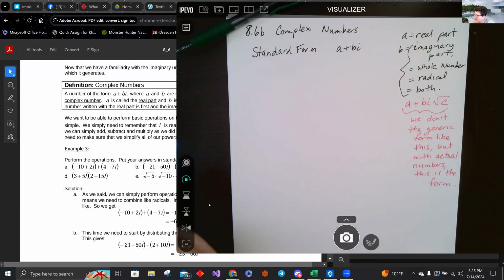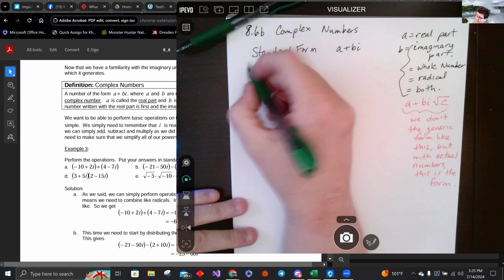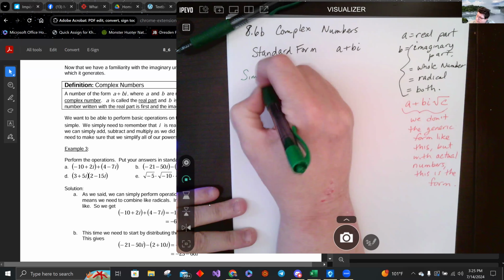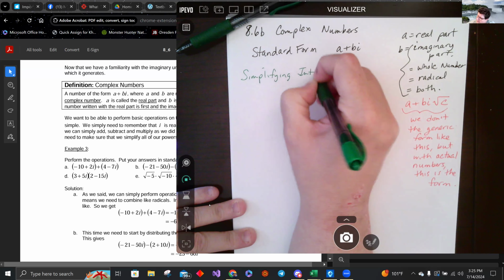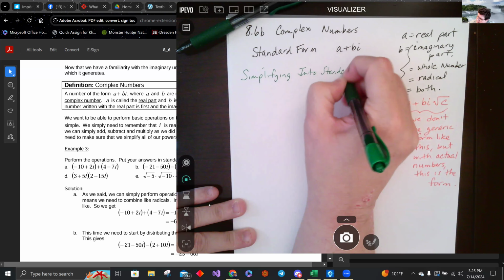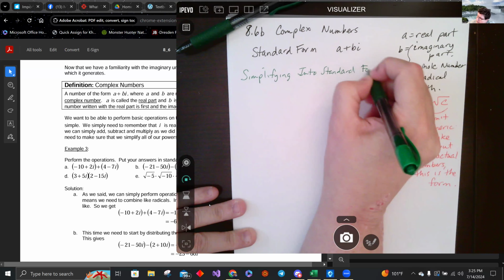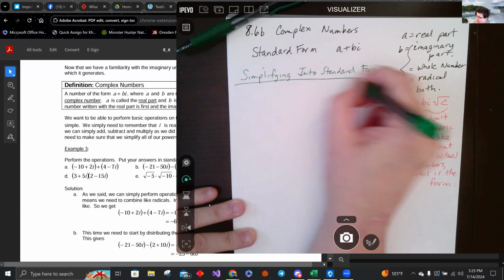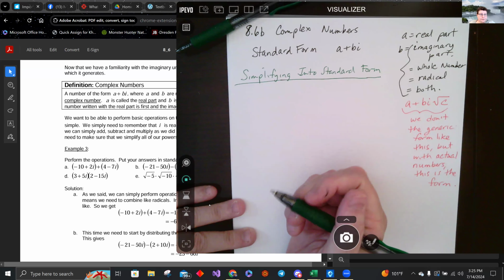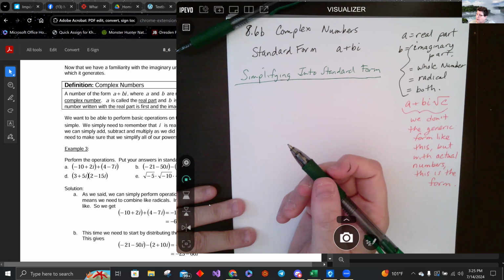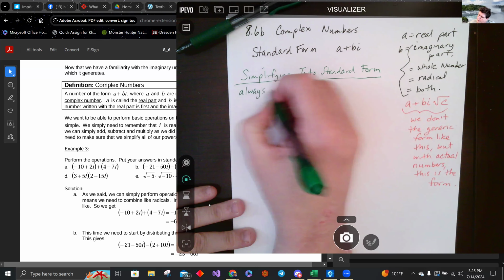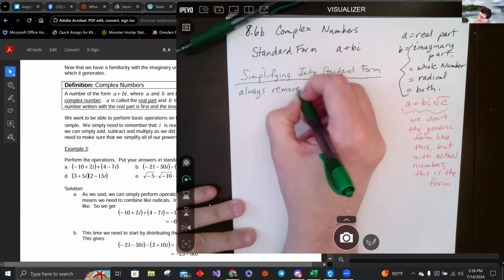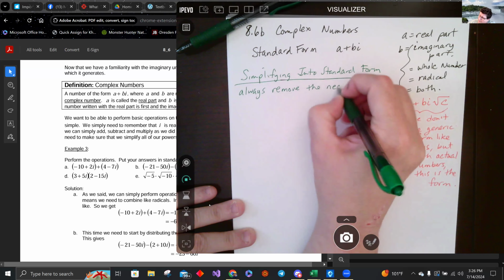When we simplify into standard form, there's one thing in particular we want to always do. Always remove the negative part from a radical first.